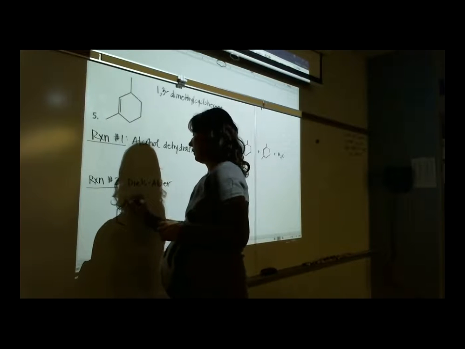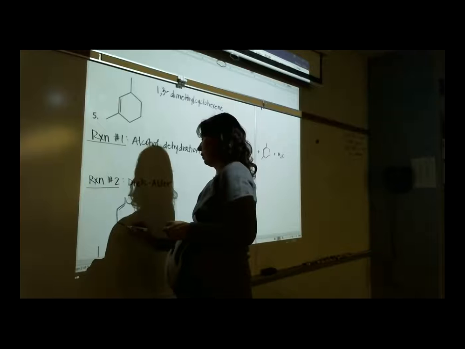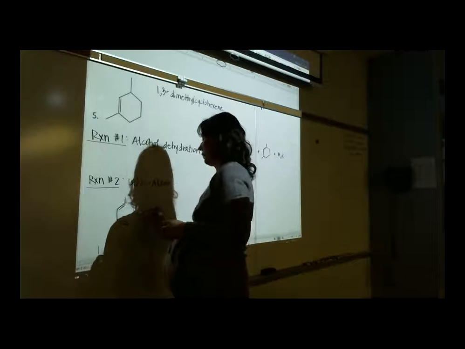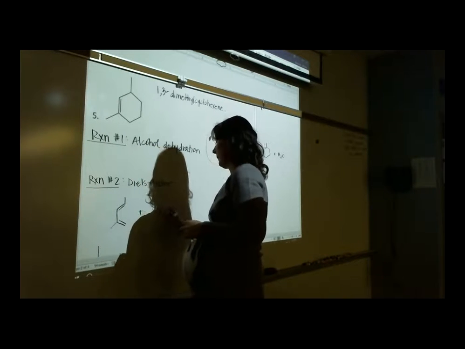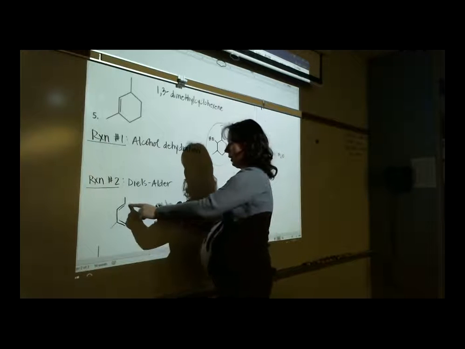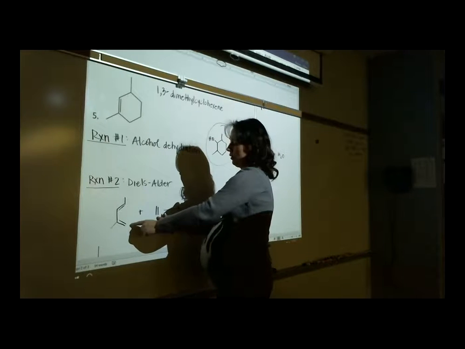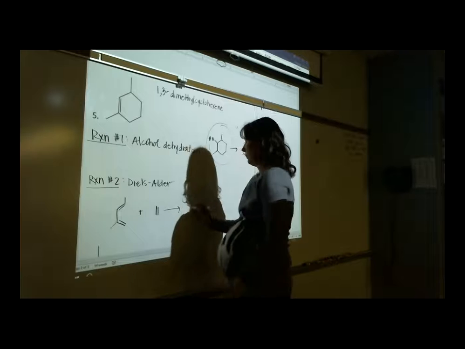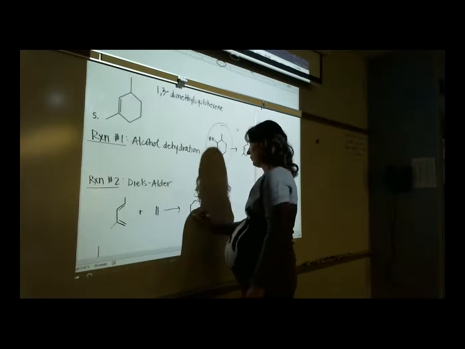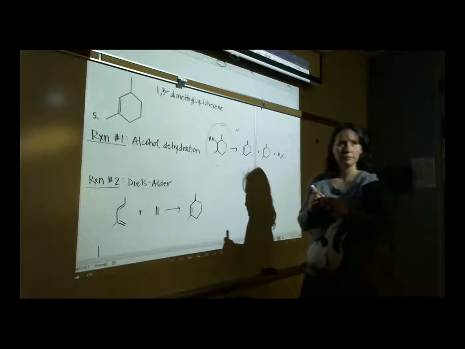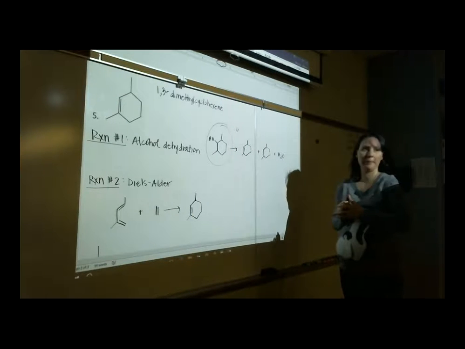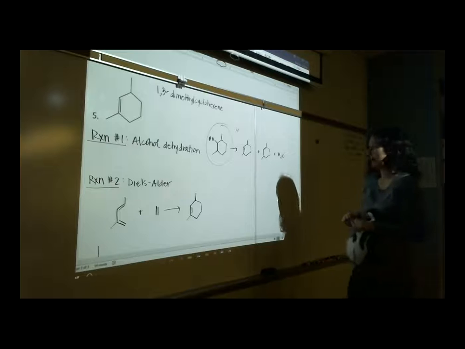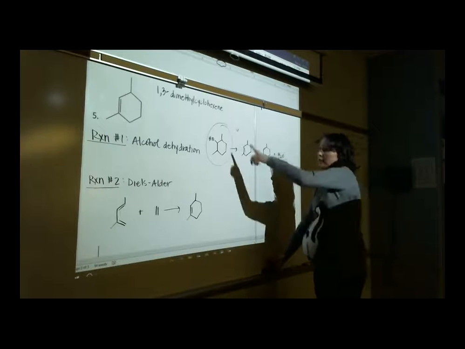You need it to look like, if you're trying to draw it, what you're putting the two pieces together. You're going to form a bond between here and here, a bond between here and here. This shifts up to right there. Is that what you came up with? All right. Good catch on that one.